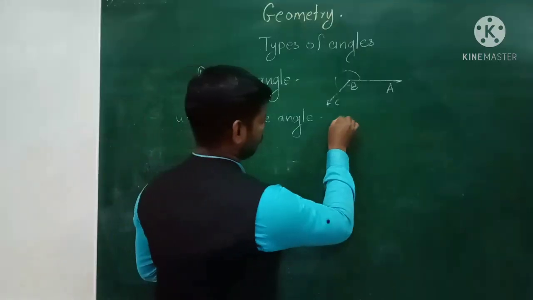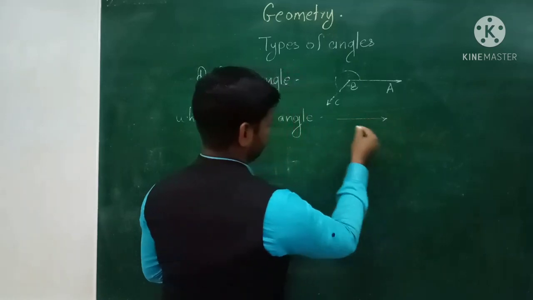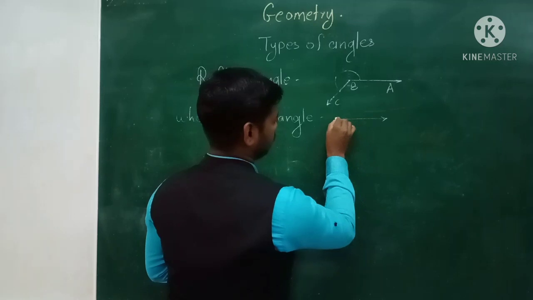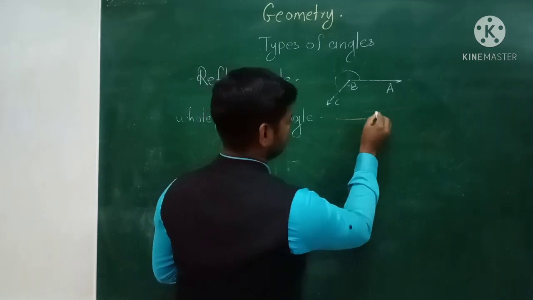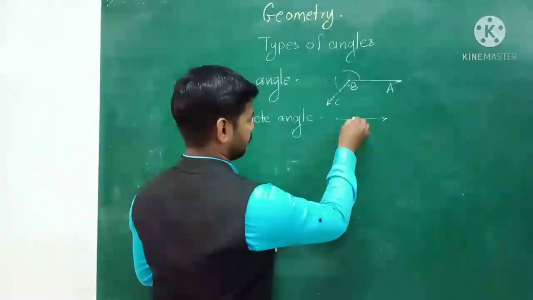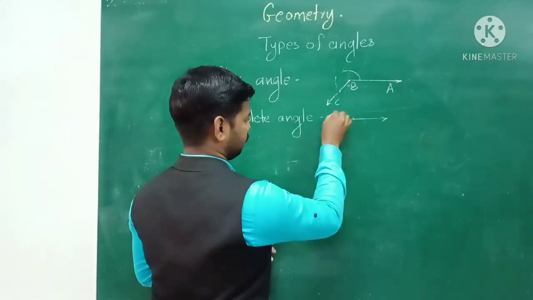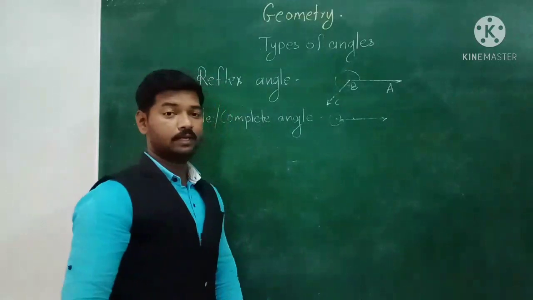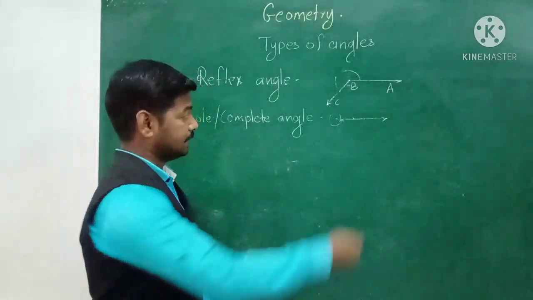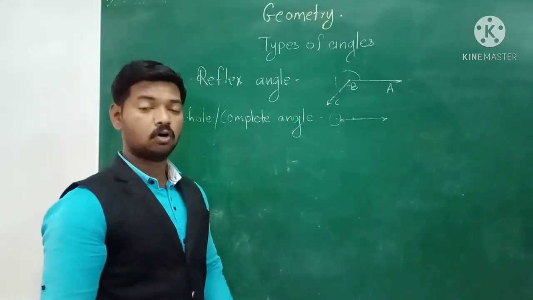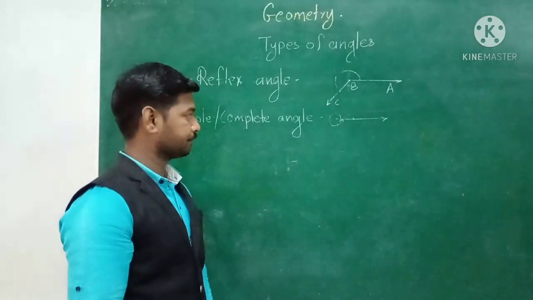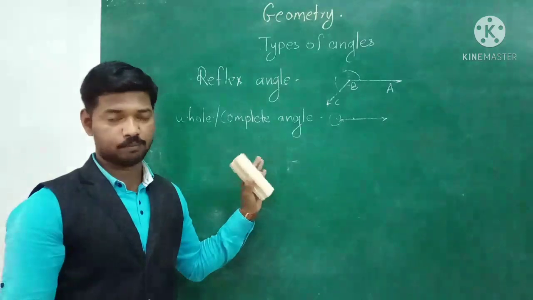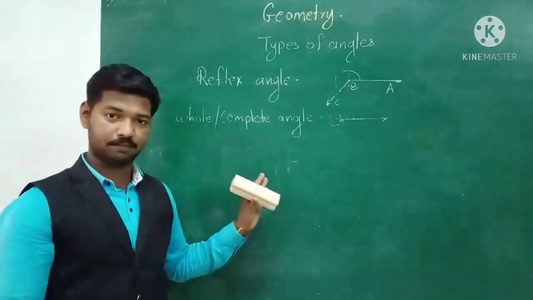We can draw an angle here and one other arm which is exactly lying on the first side. Then when we measure this angle it will be 360 degrees, which means it is a complete angle or whole angle. So these are the types of angles. You have to write from textbook page number 187. Understood?